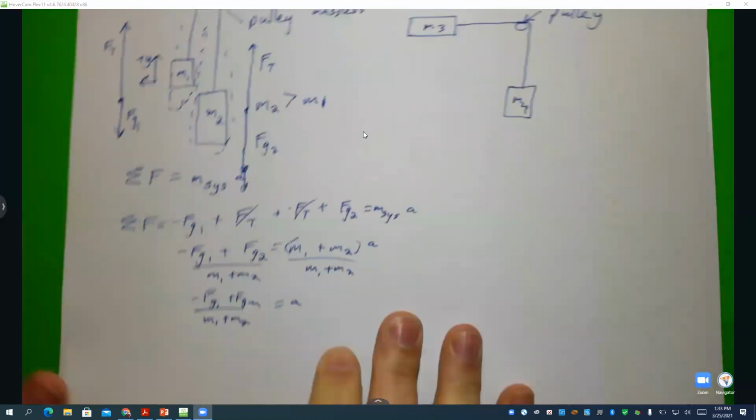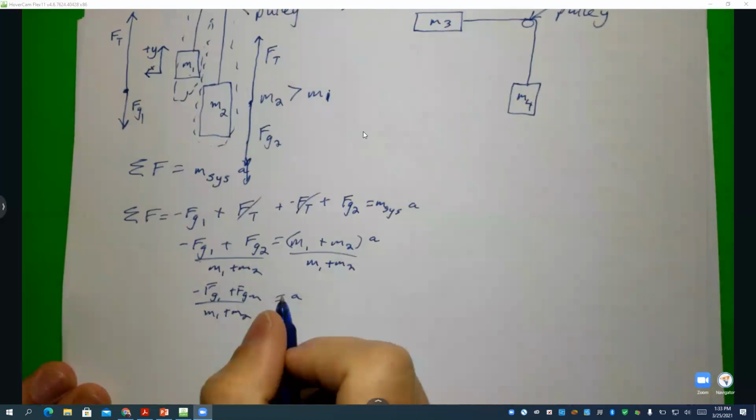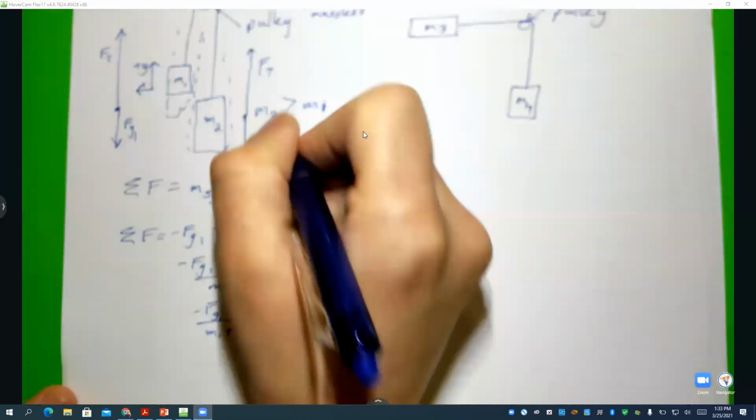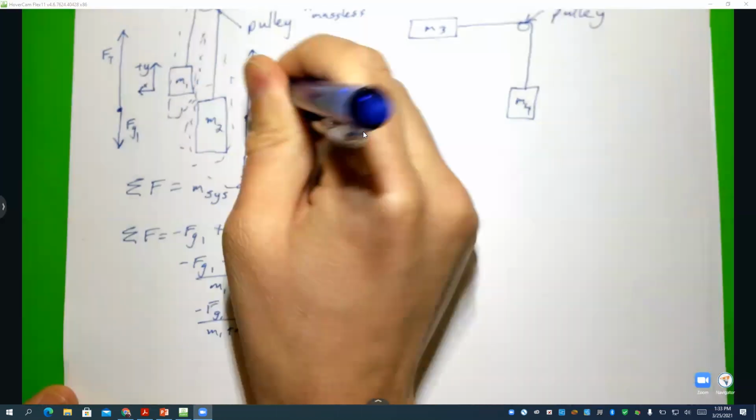Okay, then once you have that acceleration, you can solve for the tension on one of them. You just now isolate one of the systems.